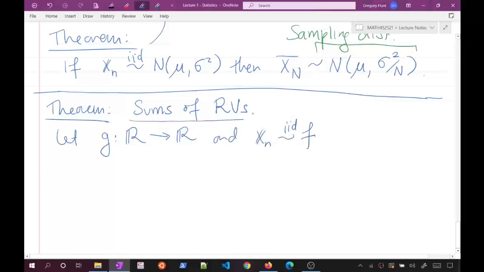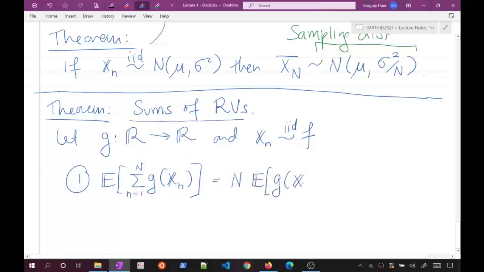It's some distribution F. The theorem will have two parts, but the first part is that if I look at the expected value of the sum, plugging each of my Xn's into g, this is n times the expected value of g of X1.